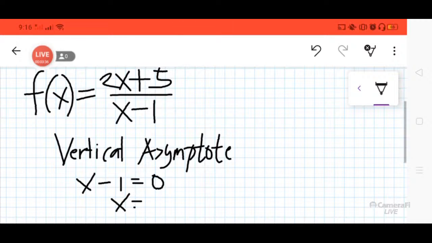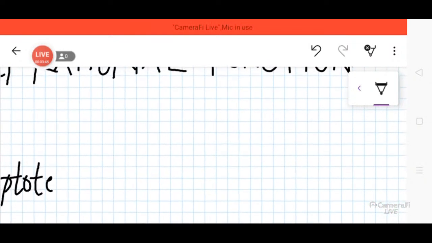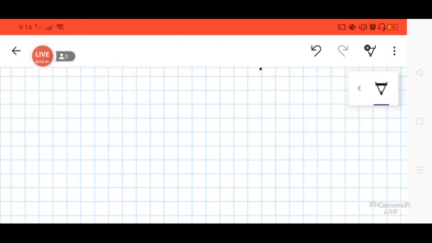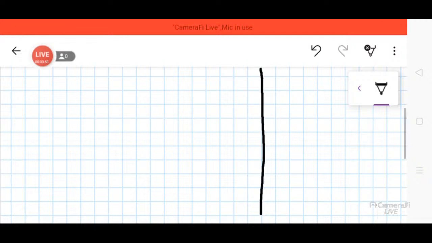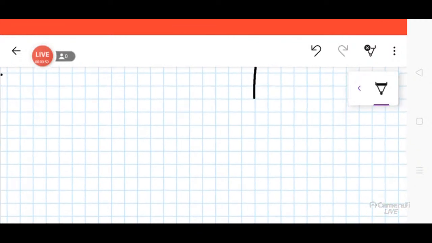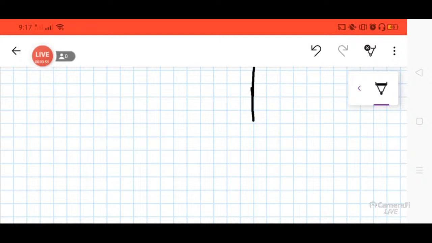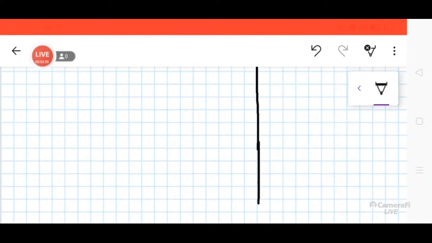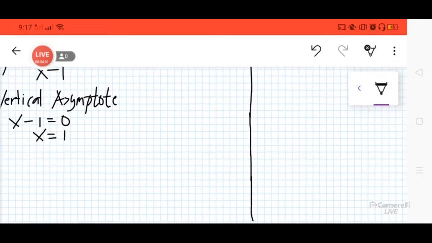So x is equal to positive 1. We already have our vertical asymptote, but before we proceed to the horizontal asymptote, it is better to first prepare our graph where we can plot our points later.